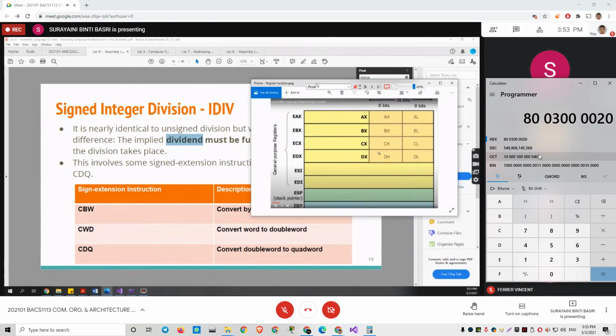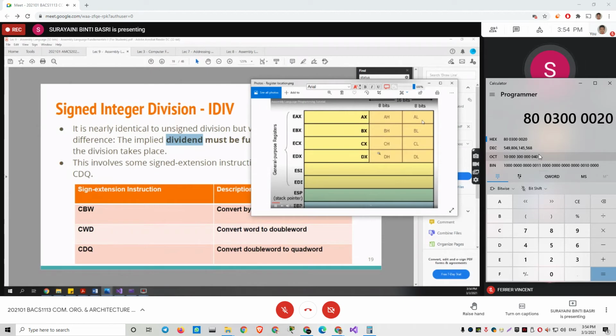Okay, when you want to do division between 16 bit and an 8-bit divisor, it means that your dividend must be in 16-bit.